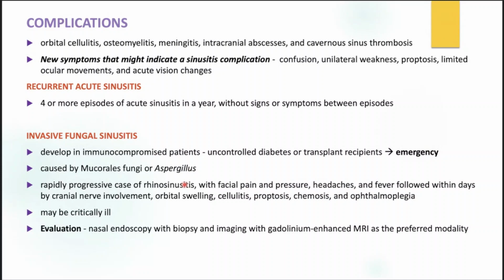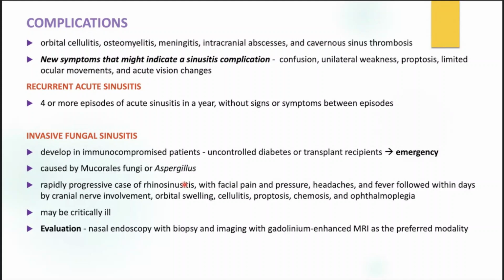Fungal invasive sinusitis commonly occurs in immunocompromised patients who have uncontrolled diabetes or are transplant recipients. It's considered an emergency because it's usually caused by Mucorales fungi or Aspergillus, and it's rapidly progressive, with facial pain and pressure, headache, fever, cranial nerve involvement, orbital swelling, cellulitis, proptosis, chemosis, and ophthalmoplegia.